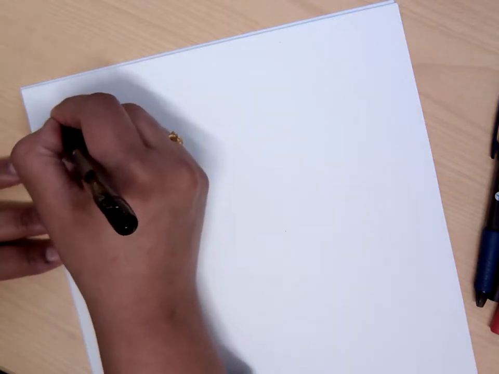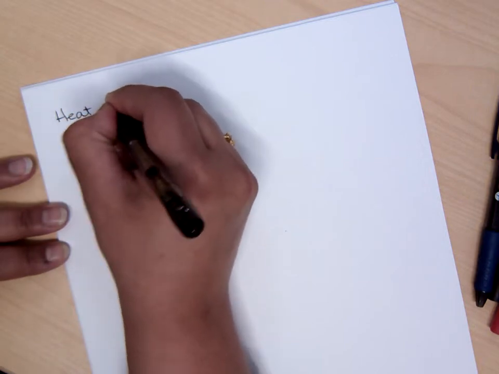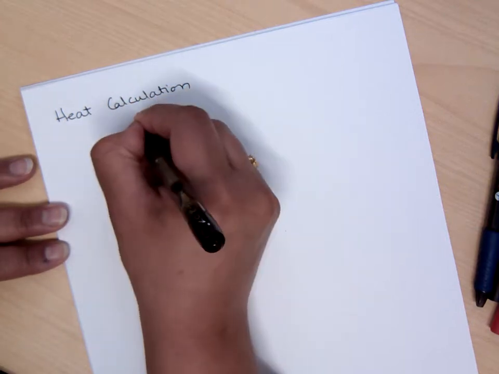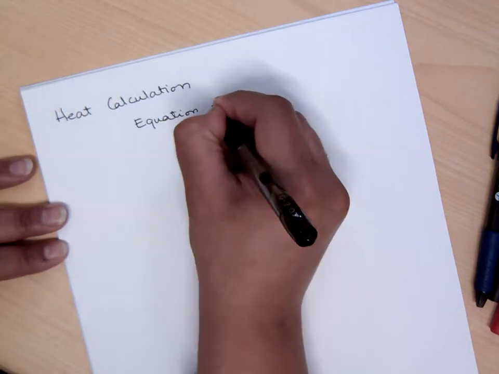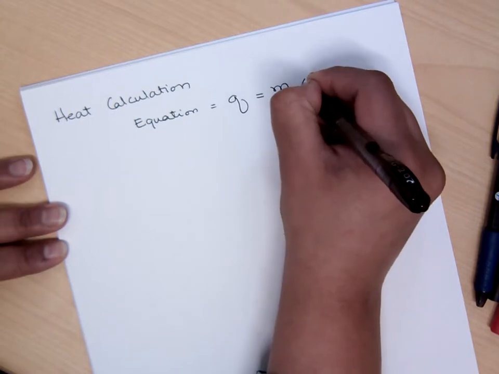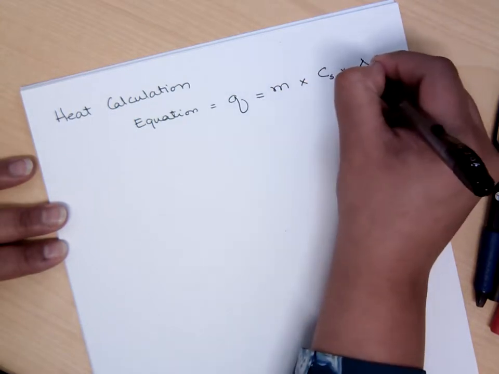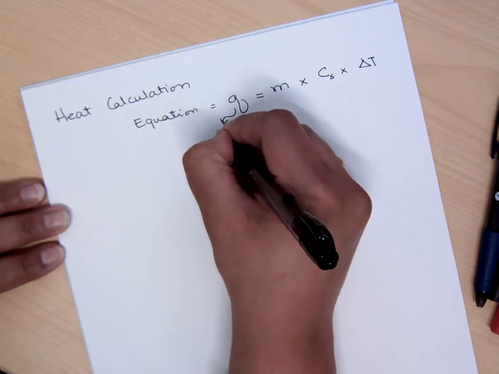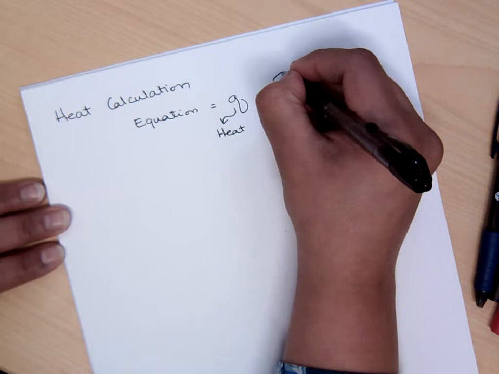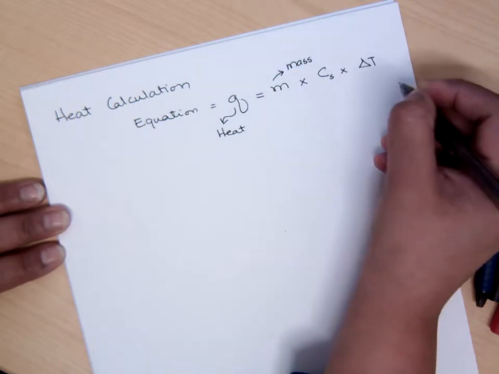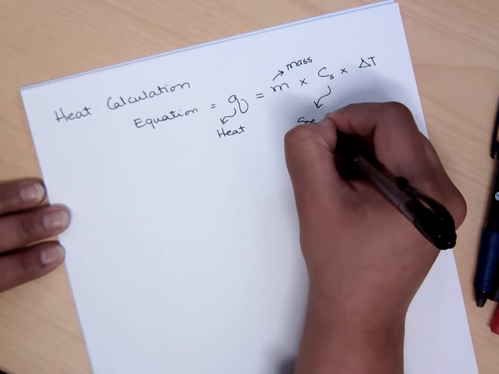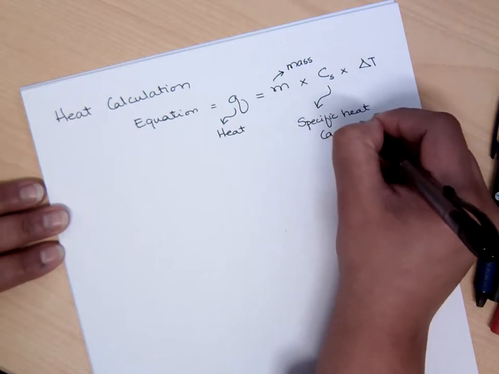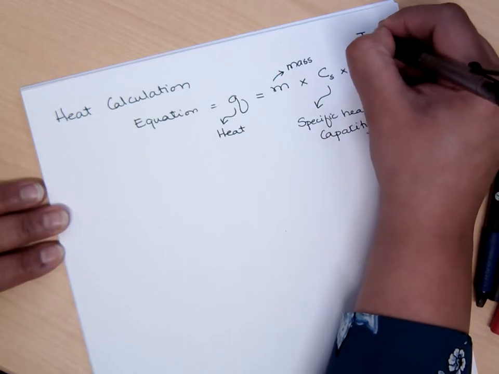A typical heat-related question is going to require you to use the equation, which is given as Q is equal to M into CS into delta T. In the lecture slides, it will help you explain Q is heat, M is mass of that system, CS is specific heat capacity, and delta T is recognized as temperature change.